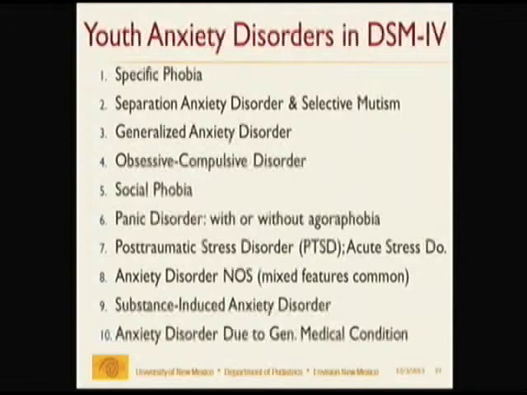There's a residual section starting with the word other disorders that includes separation anxiety disorder and selective mutism. I'm pointing this out right now on a chart from the DSM-IV classification, whereas the other anxiety disorders can also be present in adults.